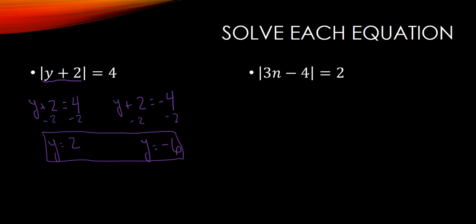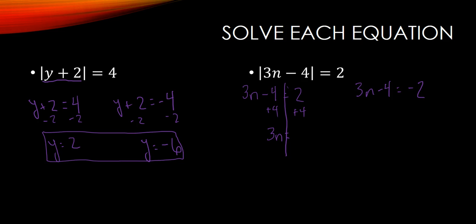On this next one, just a little bit longer problem, but same idea, distance is 2. So the inside of my absolute value could equal 2 or negative 2, because when you take the absolute value of those, you get 2. So now I just need to solve this. So getting the 3n by itself, I need to add the 4 over to the other side.